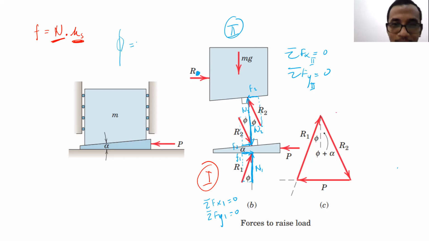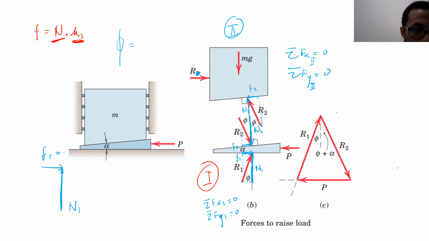Okay, let's try to draw it. Okay, let's try to draw R1. The assumption here is all the mu s is the same, right? Okay, let's try to make this particular drawing bigger. There, okay. We have N1, F1, and R1. So this is N1, and this is F1.